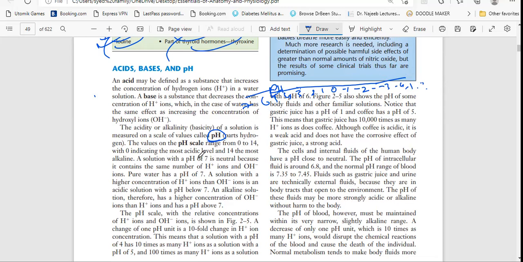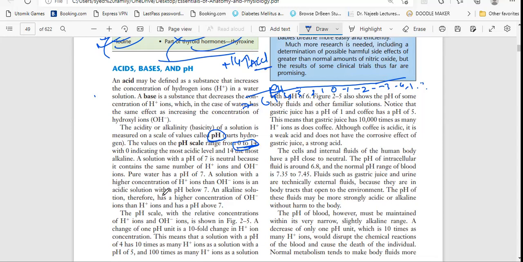What is the scale? The scale is from 0 to 14.